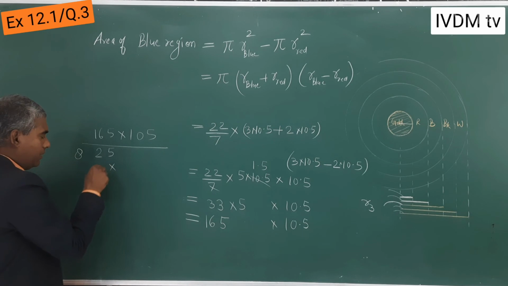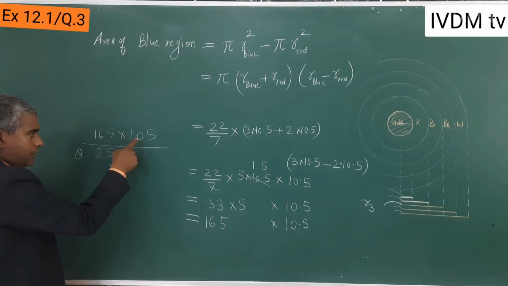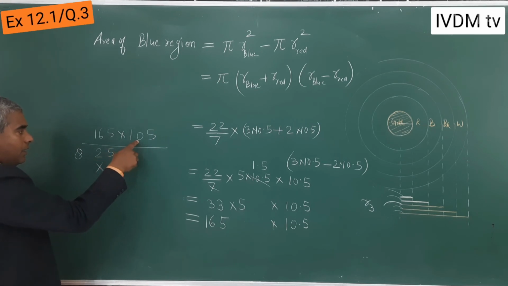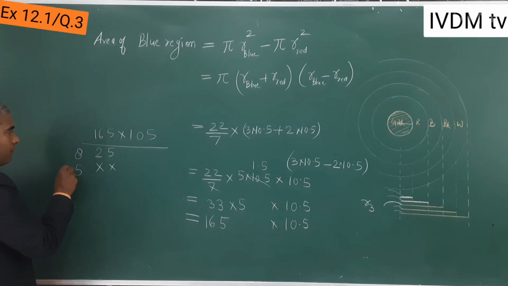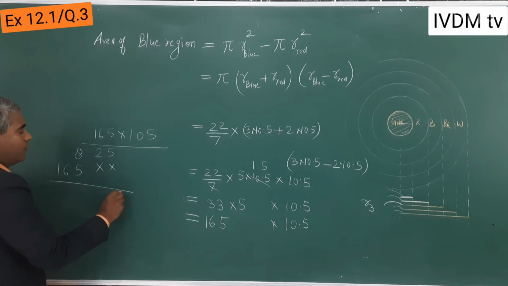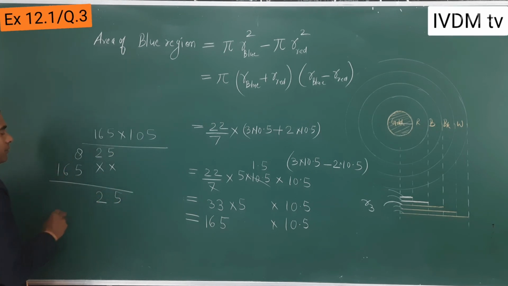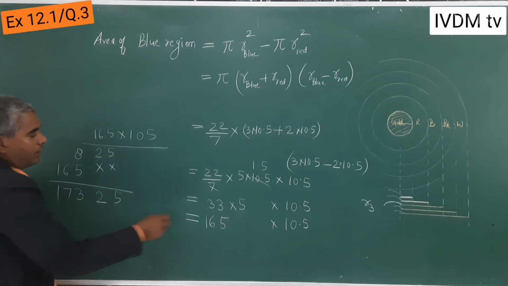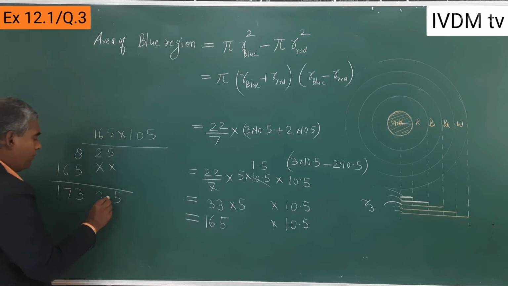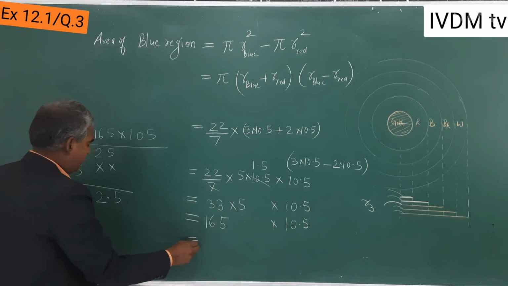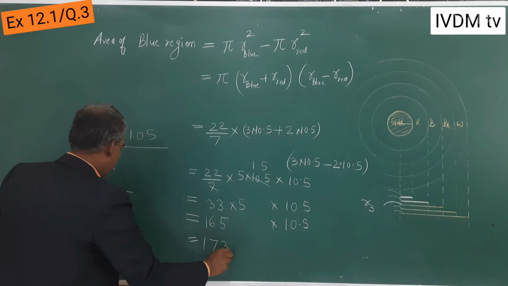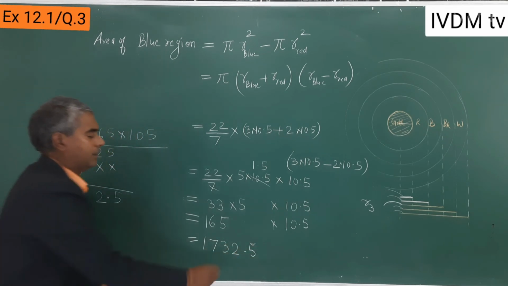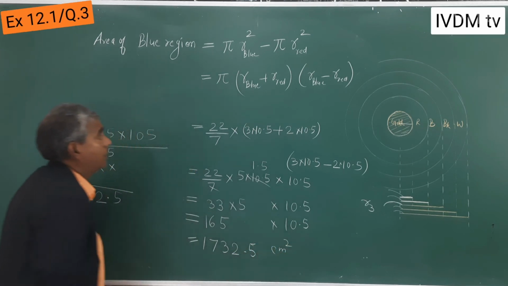Then 0 comes. Everything adds up to 13. So 0.5 will be applied here. So the answer is 1732.5 centimeter square.